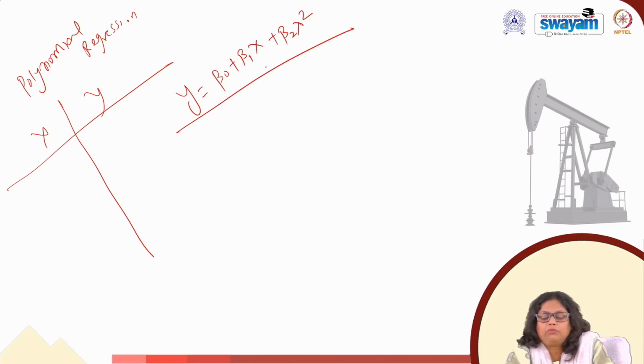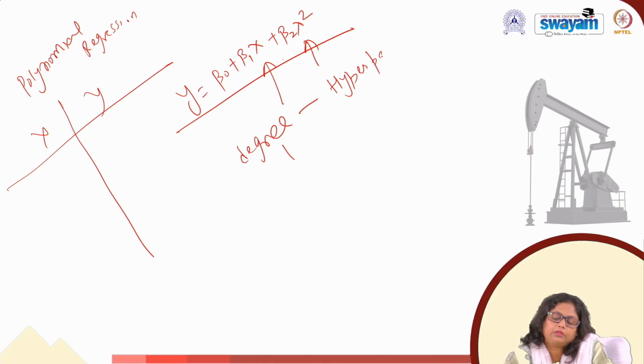So what we see here is x and x square. We have a degree, which is a hyperparameter, and we need to fix this hyperparameter.